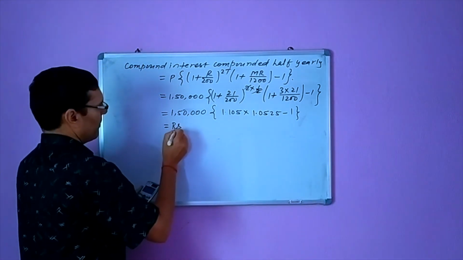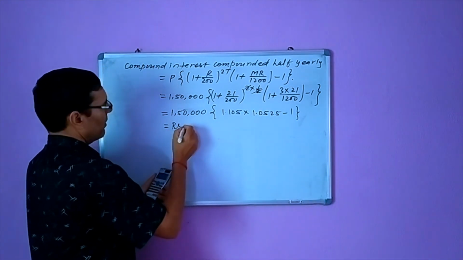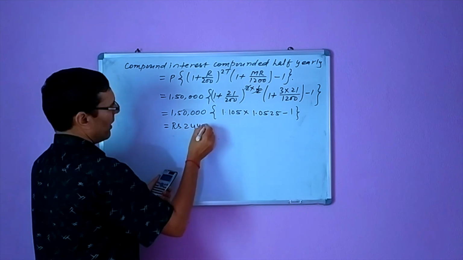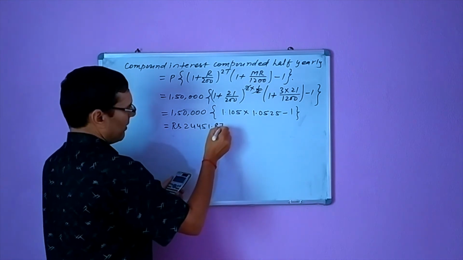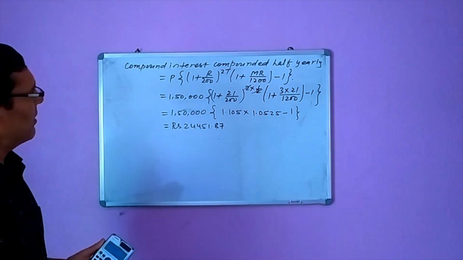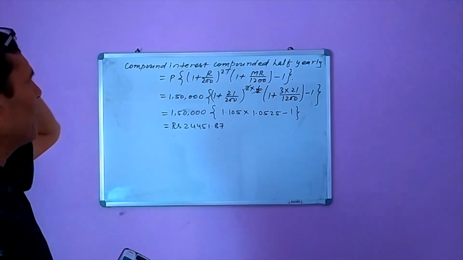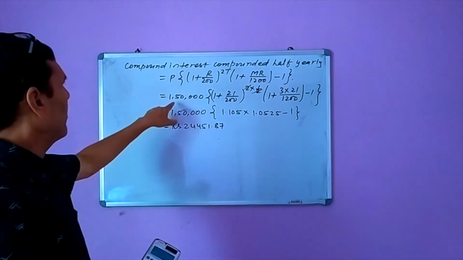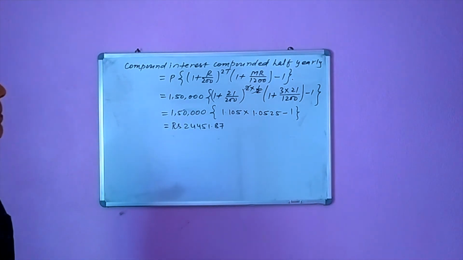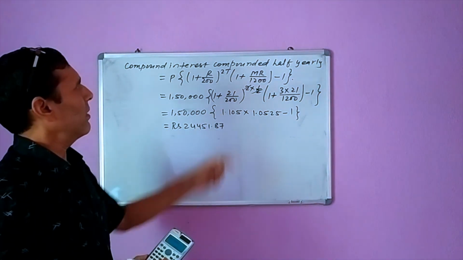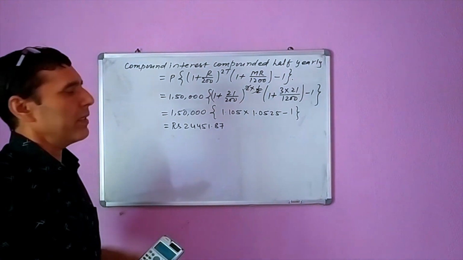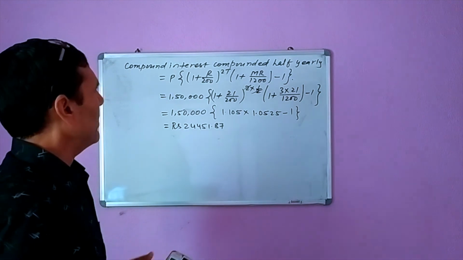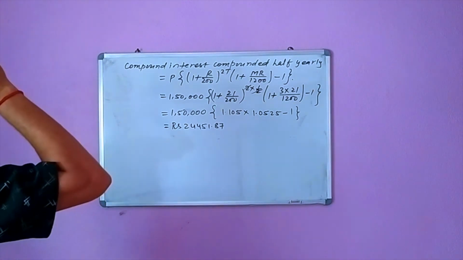So we get 24451.87. So this is the compound interest on rupees 1,50,000 for half yearly compounded, and the time is 9 months, and rate of interest is 21%.